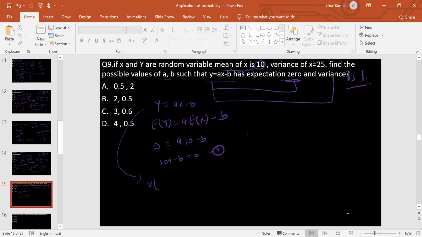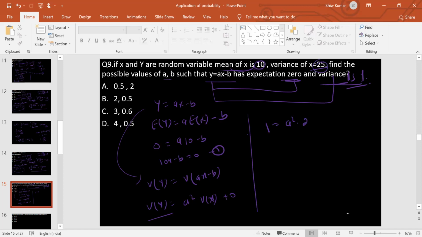Now you take the variance on both sides. If we take the variance of aX minus b, the variance of Y will be a square into the variance of X minus the variance of the constant term, which will be 0 here. So the variance of Y is given as 1, equal to a square into the variance of X, which is given as 25.